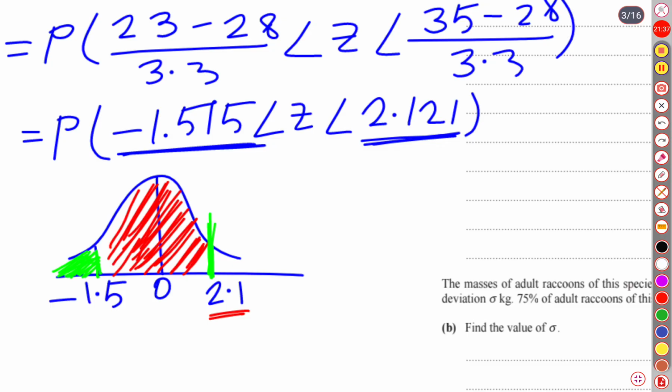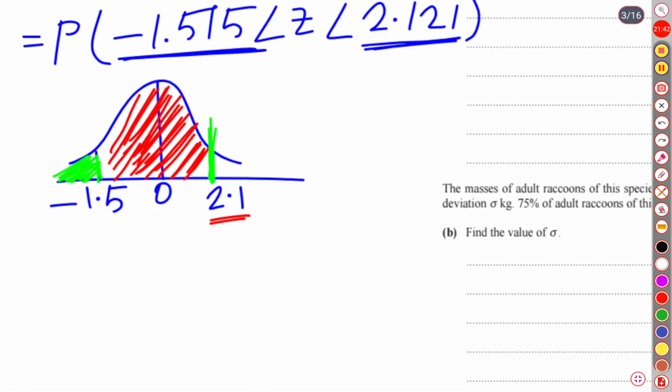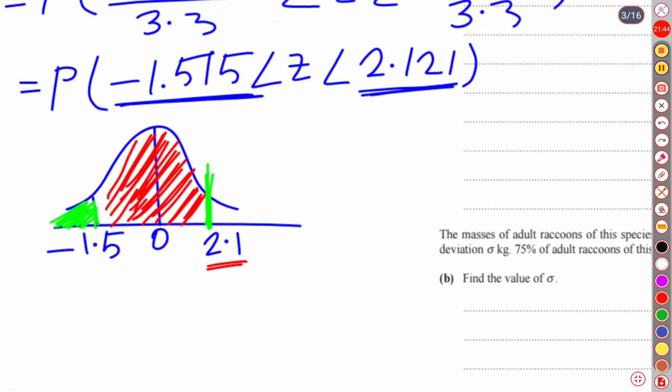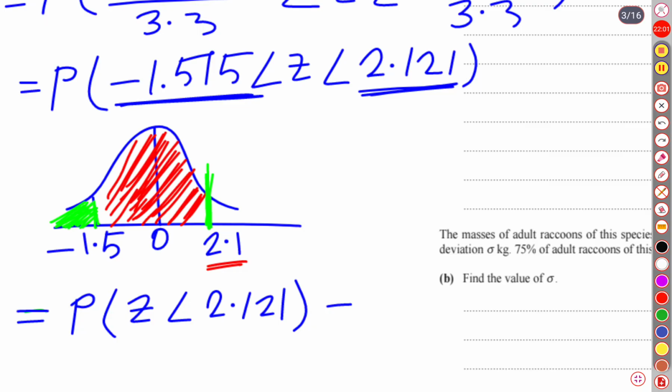I think you have got this. So how will we write? The probability equals the probability of z less than 2.121, minus the probability of z less than negative 1.5.